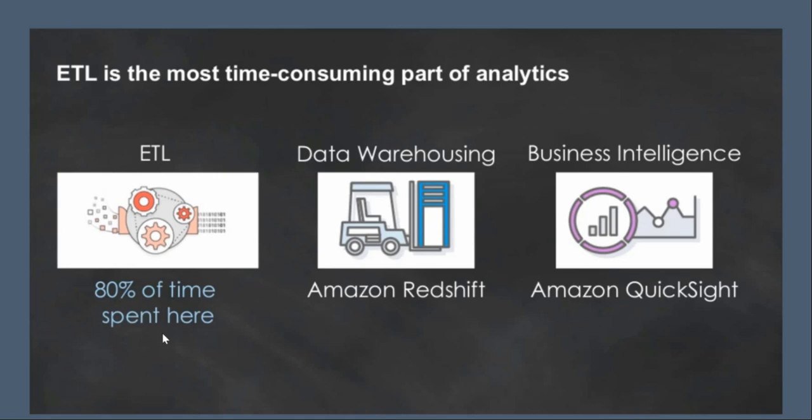A lot of the time, in data warehousing projects, you spend it on ETL. For data warehousing in AWS, there is Amazon Redshift, and for business intelligence in Amazon, you usually use QuickSight. These are the core plug-in components before you take the data from S3 and make it reach the report.